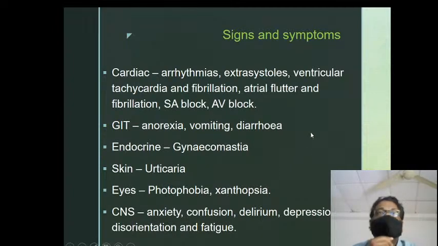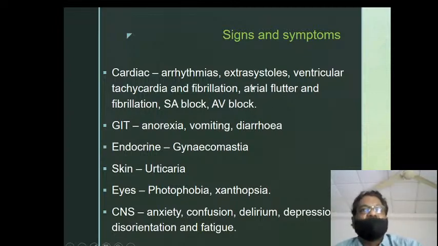Coming to the signs and symptoms, because it is another important poison, it affects the heart. It can cause cardiac arrhythmias like extrasystole, atrial tachycardia, ventricular tachycardia, and also produce fibrillations and atrial flutter. So atrial flutter and atrial fibrillation.